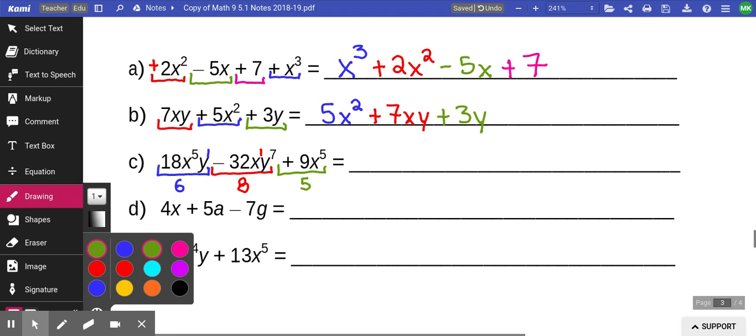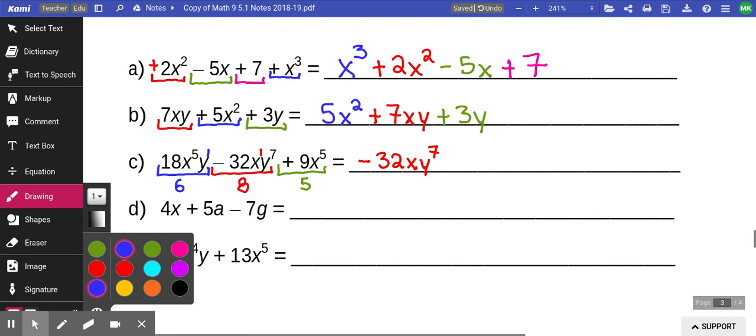We want to go from highest degree to lowest degree. So the red term should go first. When you're doing that, that minus sign, so it says minus 32xy to the power of 7, that minus sign goes with it. So it becomes negative 32xy to the power of 7. The next highest degree is the blue one.